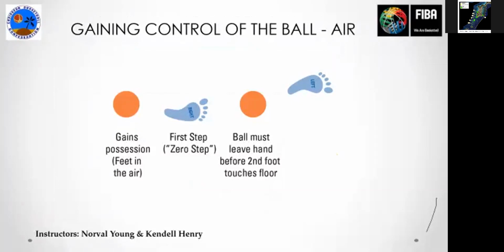He lands on the floor with his right foot. That now becomes the first step once he lands. But before that second foot goes down, he needs to release the ball.